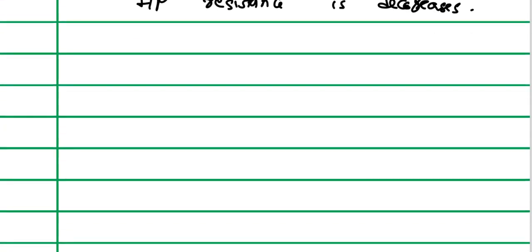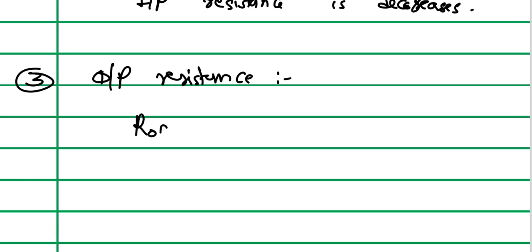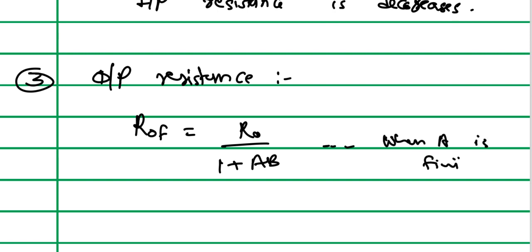Okay, third is the output resistance. Now the story is the same as the non-inverting amplifier or voltage series feedback amplifier. So output resistance is ROF equal to RO divided by 1 plus A into B. This formula is used when A is finite, and it becomes 0 when A is infinite.